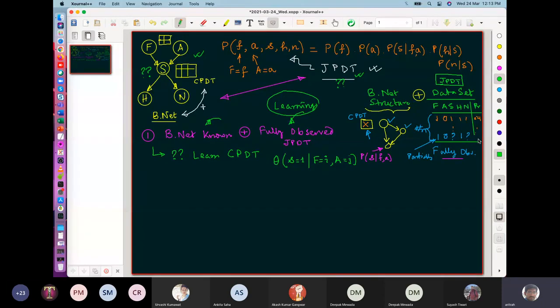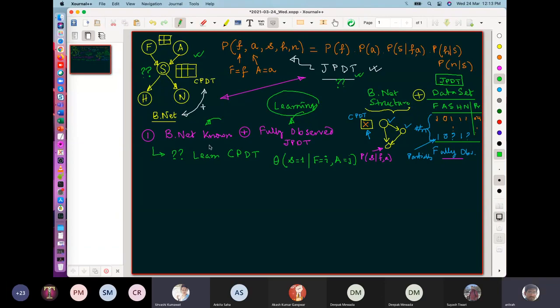I may not get all the possible probabilities for each of these values, but I collected that somebody has fever, not allergy and headache, and I got 60% of the population with them. They have sinusitis or nose, they have not reported it. So we will learn these vacant places and other entries.